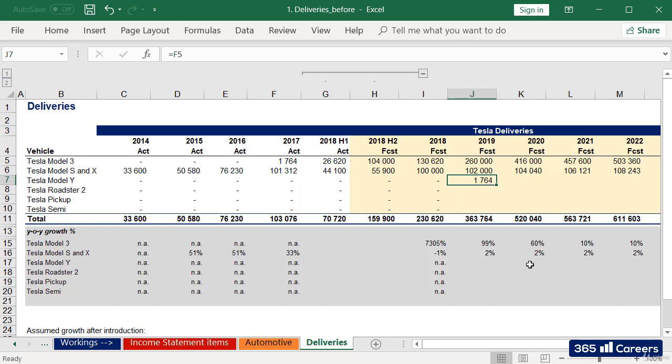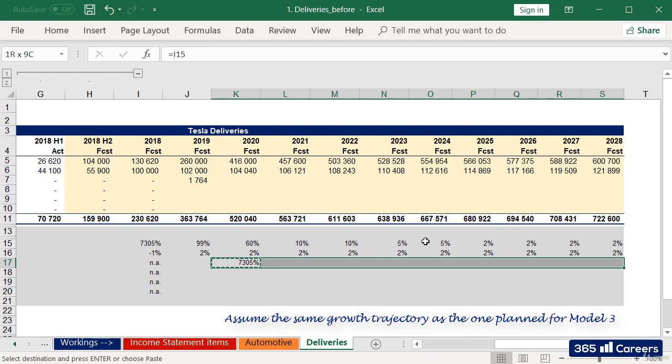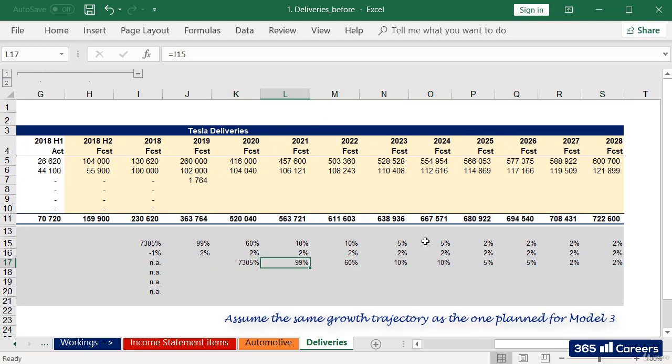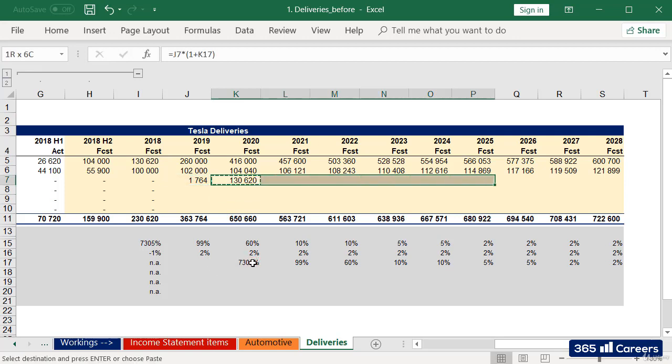And then, from that point onwards, we can easily assume the same growth trajectory as the one we planned for Model 3. It is simply unfolding later in time, see? Okay, this allows me to easily calculate the actual number of deliveries for Model Y.